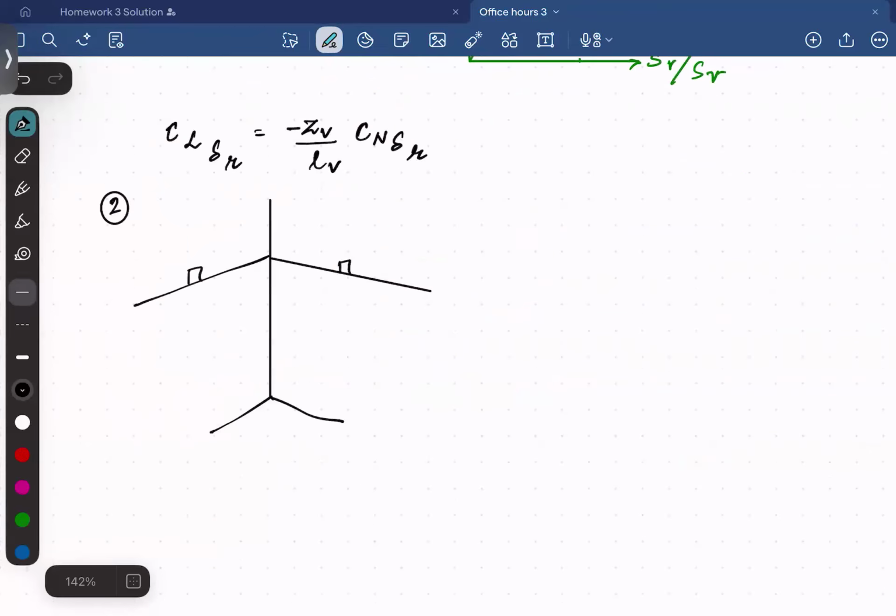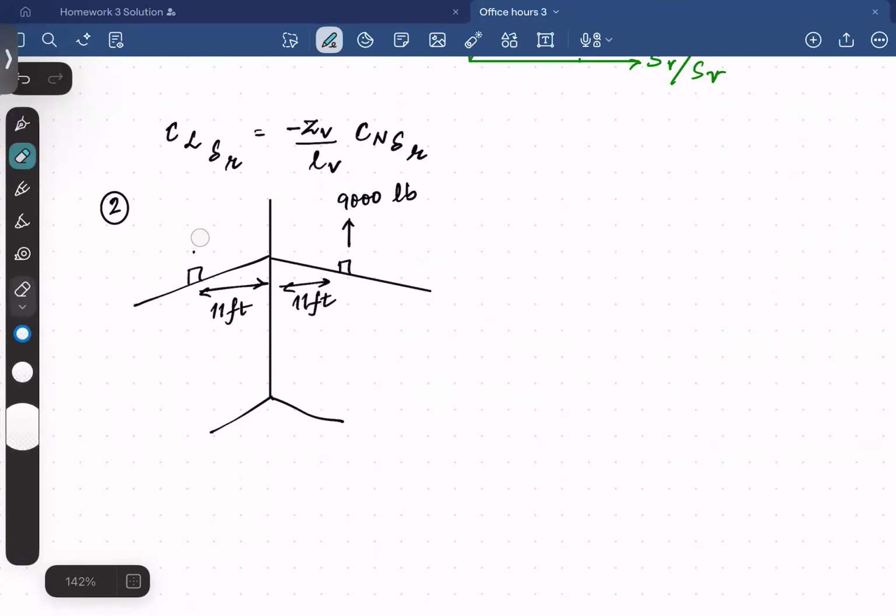Okay. So what was happening earlier? We were getting 9,000 pounds of thrust here and 9,000 pounds of thrust here, and both of these were 11 feet away. Now all of a sudden, this 9,000 pounds of thrust is gone, which means that now about the center of gravity, you have a yawing moment coming out of the thrust.